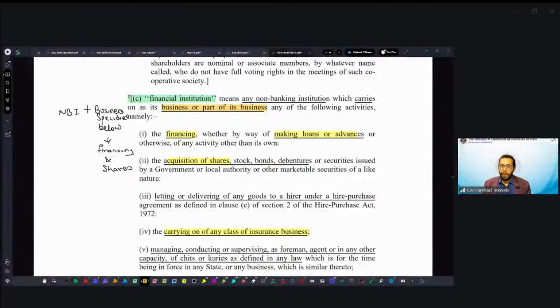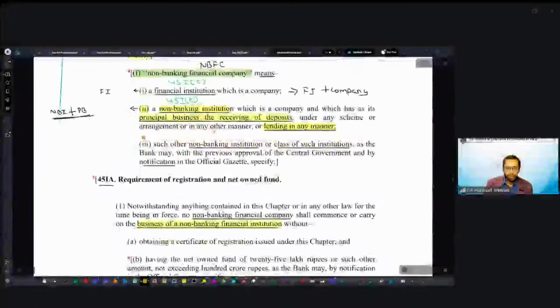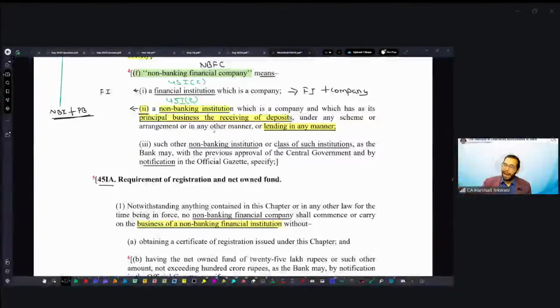Okay. Now, coming to the second route, over there it is not saying business or part of business, but the term which is used is principal business. And that's where we need to understand what is principal business.